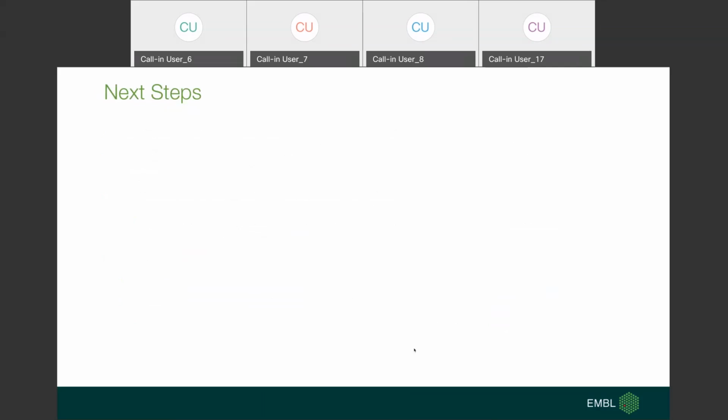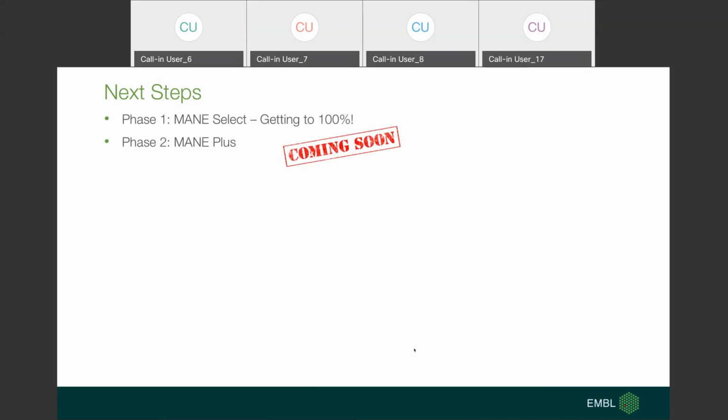So what are we doing next? Well, our number one priority is getting to 100% for the MANE Select. We know that for a set to be adopted, for browsers, for pipelines, for all the clinical work, we need to have full coverage. And so we are actively working on that and thinking strategically about how to be efficient and increase our numbers. But also we're starting to think about MANE Plus. It's coming.